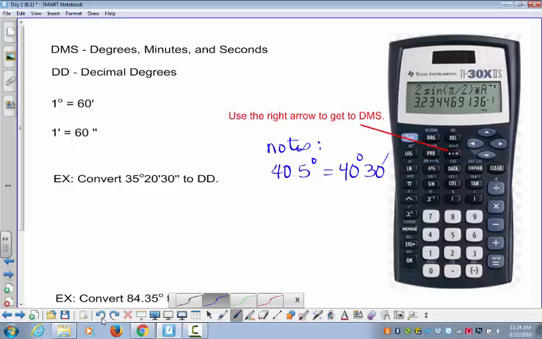Whenever we do a conversion in math, we use a conversion factor. A conversion factor always has a value of 1, because a conversion factor is shifting units, not changing value. We define 1 degree to be 60 minutes, and that leads us to two different conversion factors.